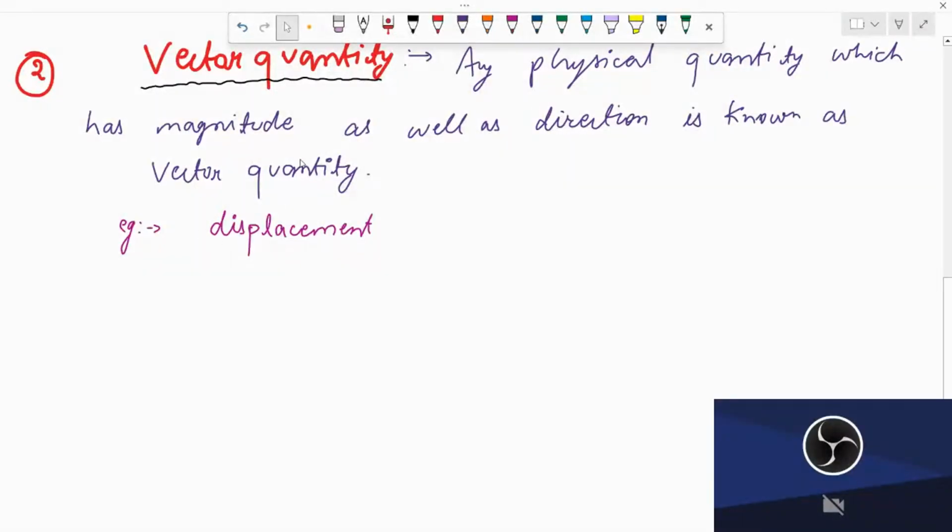Okay. So look here. If there are 2 points, point A and point B, and between point A and B a straight line is existing. It means between point A and B, we can have multiple paths.